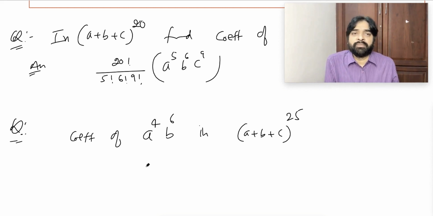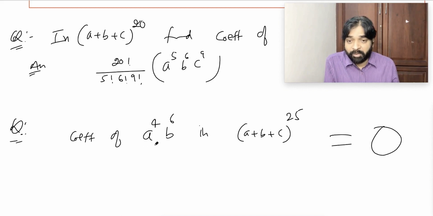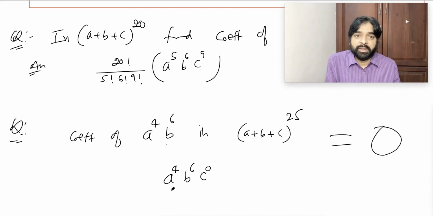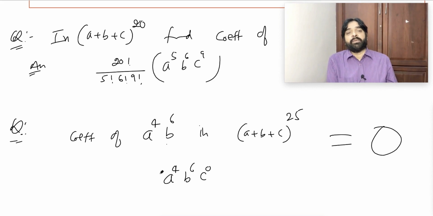Didn't understand? I asked the coefficient of a power 4, b power 6. So a power 4, b power 6 means c power 0. But the summation of these powers is coming 10, whereas the summation should always be 25. So it is impossible. There are no terms like a power 4, b power 6.